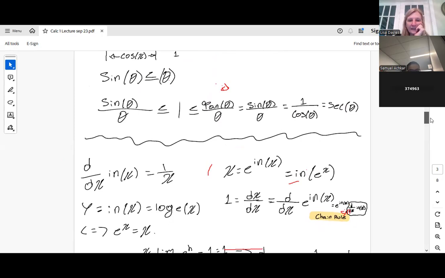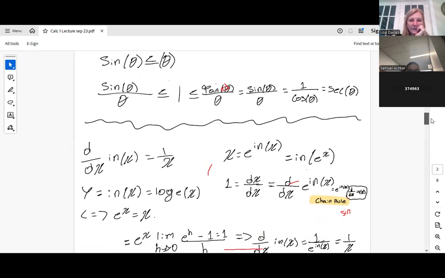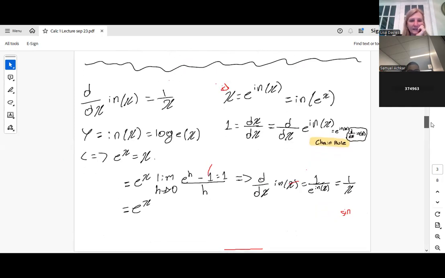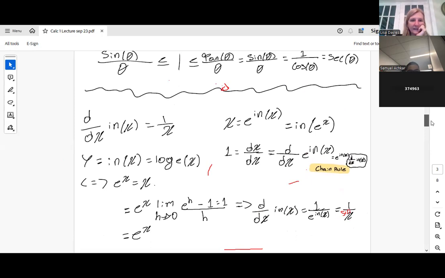Okay, so this is for 1 over x. And your derivative when you take 1 over x is not e to the x. What's he doing here? Oh, he's taking the derivative of ln of x. Okay.